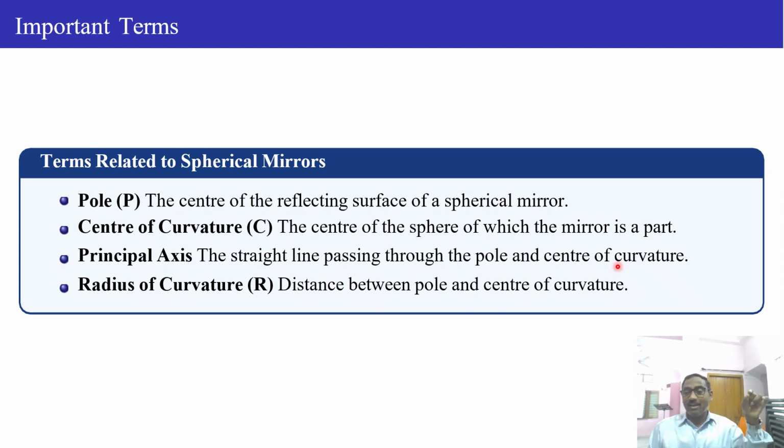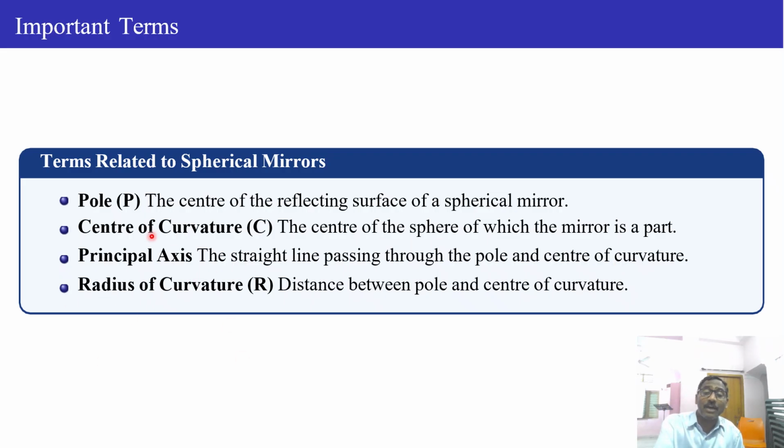If we join the pole and center of curvature and extend on both sides, that line acts as the principal axis. So if asked what the principal axis is, you have to say: the line which is joining the pole and the center of curvature is known as the principal axis. Got it?